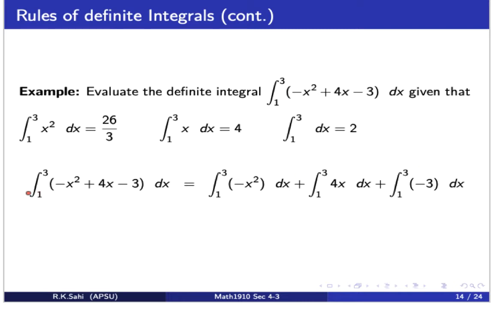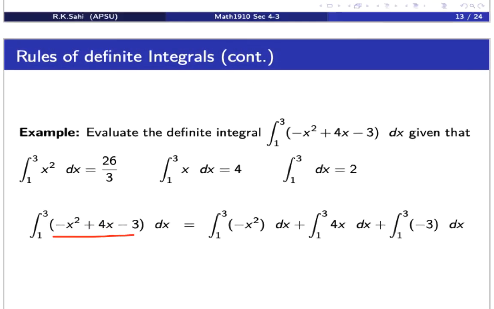So let's look at this one first. The integral from 1 to 3 of minus x squared plus 4x minus 3 dx. Now let's look at this integral, guys. It's a sum and difference of three terms, x squared, 4x, and minus 3. So the first thing we're going to do is apply property number 4.